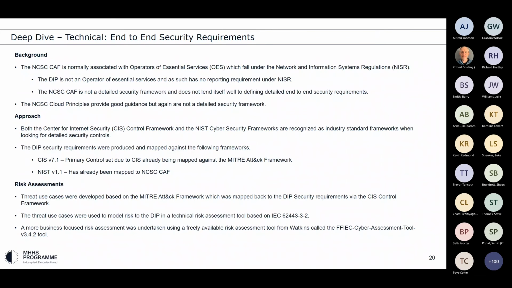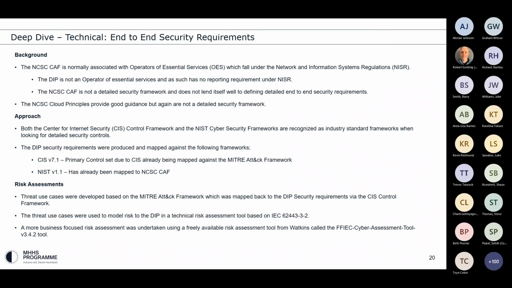So what I want to do here was try to articulate the due diligence that we'd done in terms of defining all the security requirements for the DIP. And going back to the second slide in this set, that was around the NCSC CAF and the NCSC cloud security principles, which are fantastic, but don't really define in detail the security requirements.